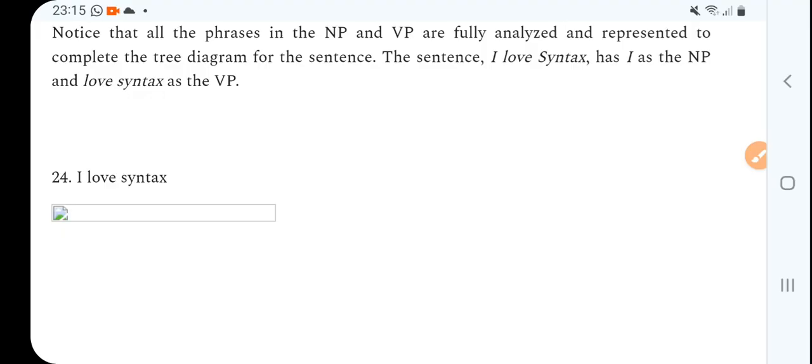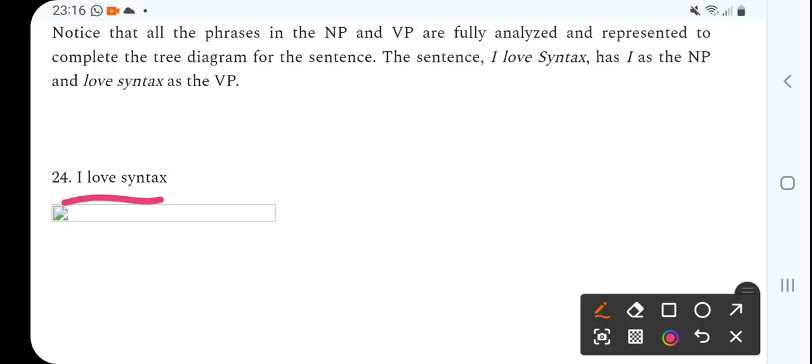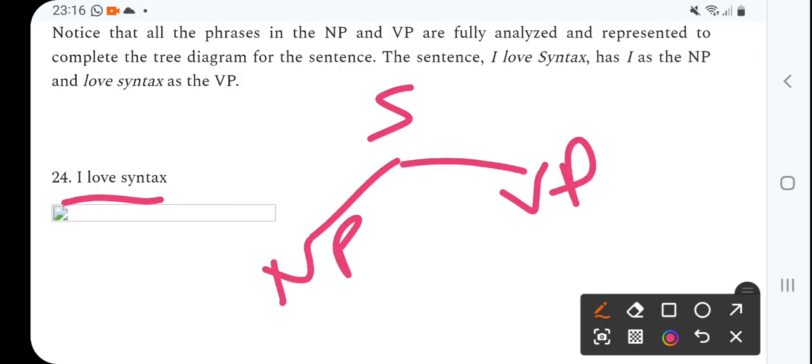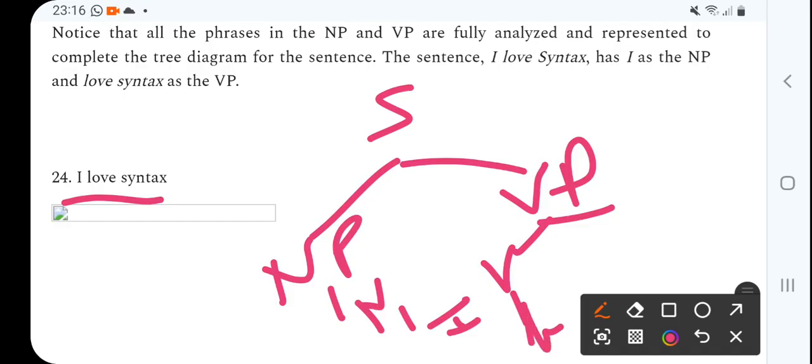The sentence "I love syntax" has "I" as NP and "love syntax" as VP. I love syntax, that's the sentence, right? So sentence, noun phrase, verb phrase, noun "I", and "love syntax" is a VP, verb "love", and "syntax".